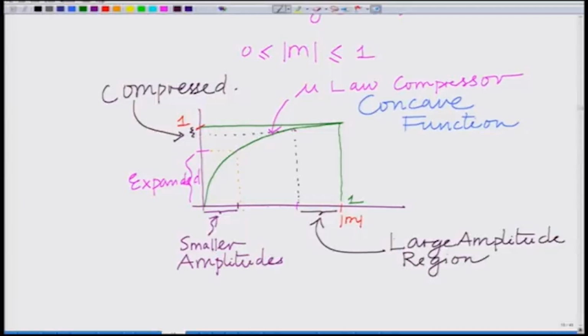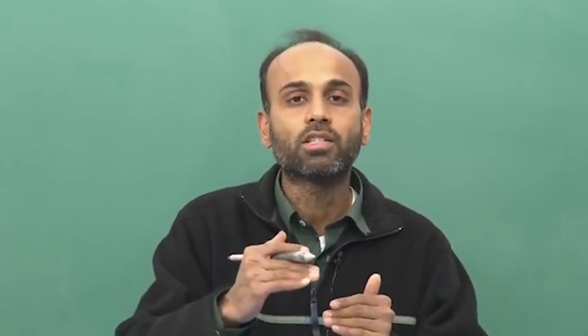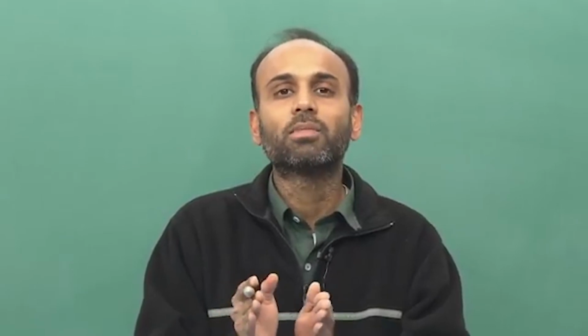The smaller amplitude region is expanded, which means it will contain a larger number of quantization intervals, hence it is going to be finely quantized once you quantize the output of this compressor. Similarly, this larger amplitude region, which is compressed to a smaller region in the output, will contain much fewer quantization intervals, and therefore the resolution is going to be much smaller, which means it is basically coarsely quantized. That is the whole point.